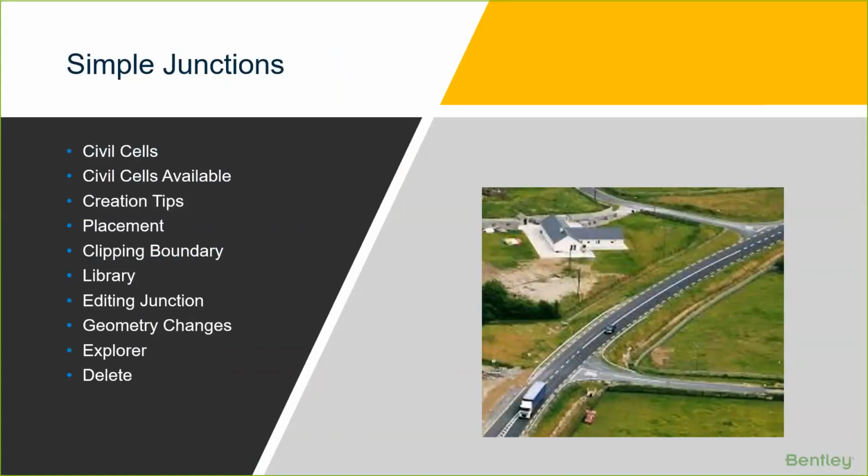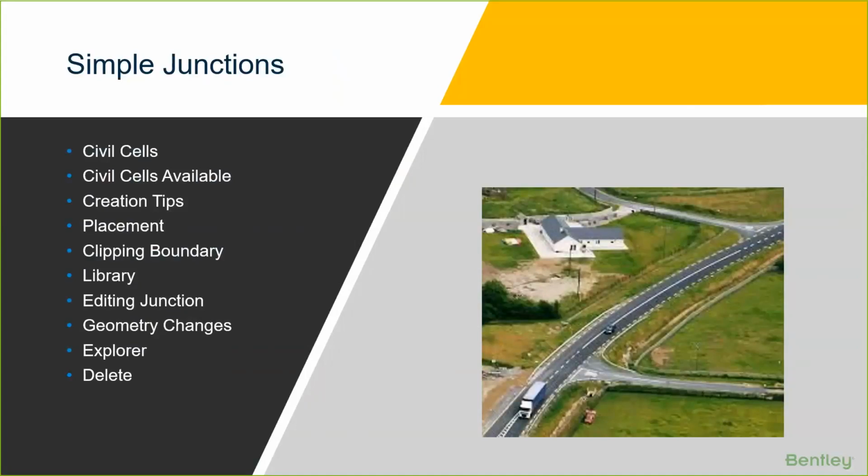We'll look at actually placing one of the civil cells that we've got in the UK library. I'll talk around what the placement involves. A particularly useful tool is the clipping boundary. We'll look at the civil cell library that's available in the UK workspace, and then editing, geometry changes, and finally some housekeeping at the end of what to do with simple junctions.